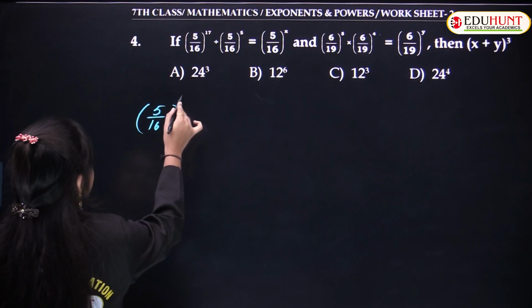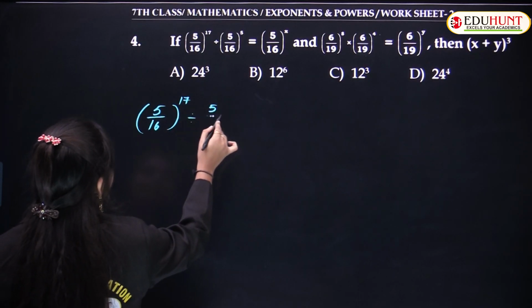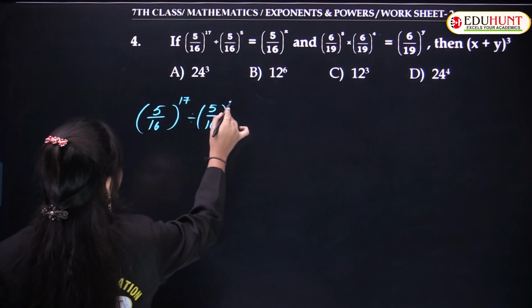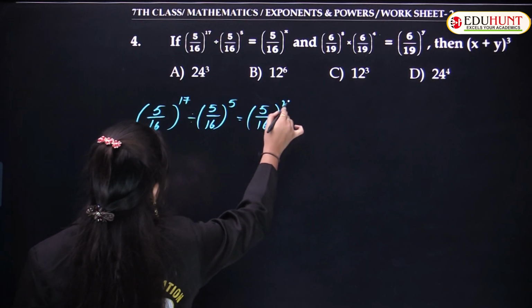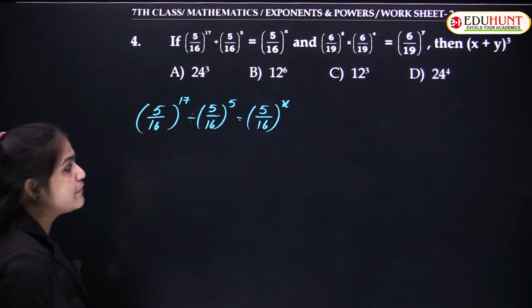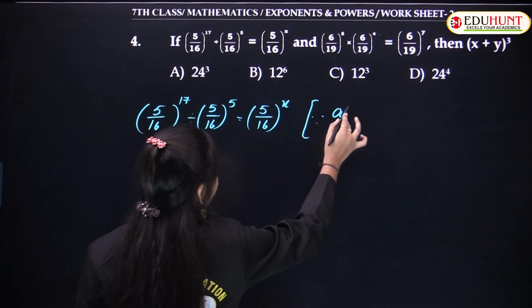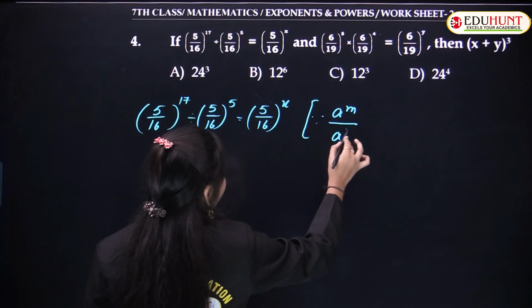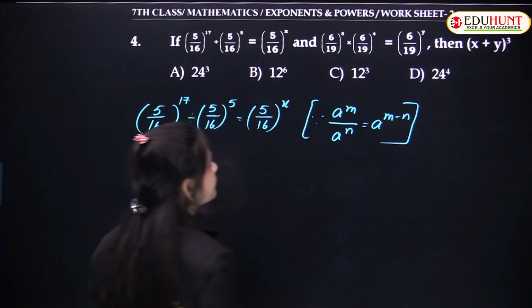5 by 16 whole power 17 divided by 5 by 16 whole power 5 is equal to 5 by 16 whole power x. Which formula can we apply here? Since a power m by a power n is equal to a power m minus n.